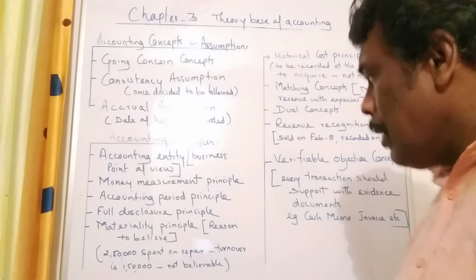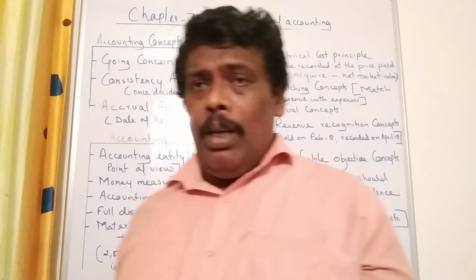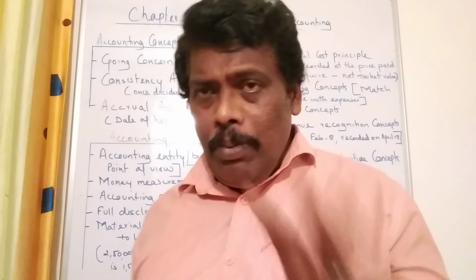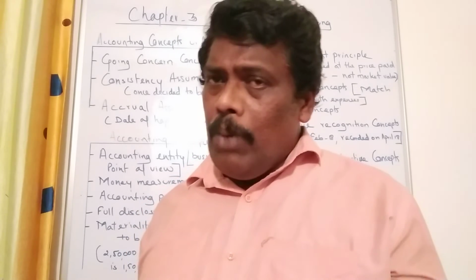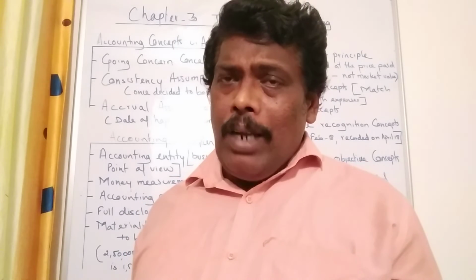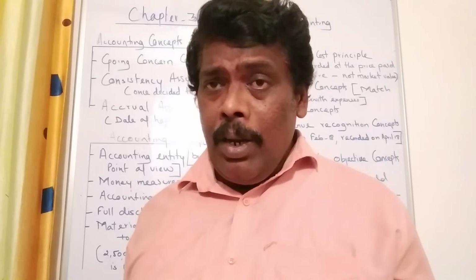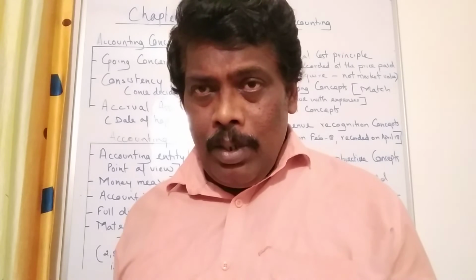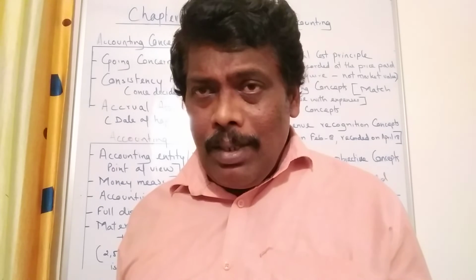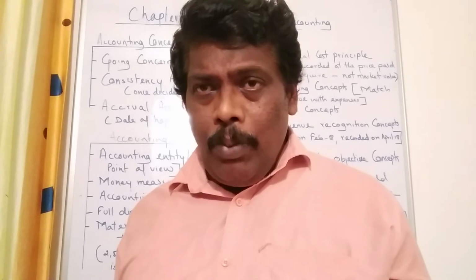Then the materiality principle says that whatever is recorded in the accounting should be believable. For example, our turnover is 1.5 lakhs and we are showing a repairing expense of 2.5 lakhs. This is not justifiable here. You're getting the point?